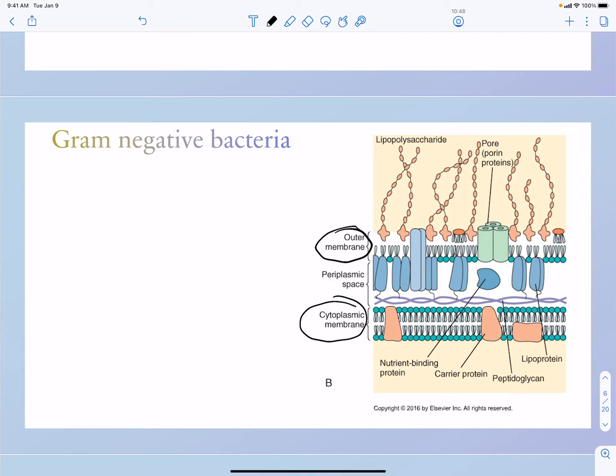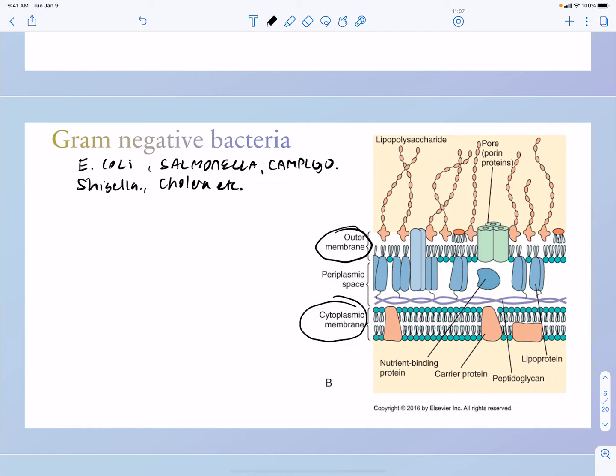Some of our famous gram-negative bacteria, of course, are E. coli, Salmonella, Campylobacter, Shigella, cholera, etc. Okay, the famous gut bacteria.